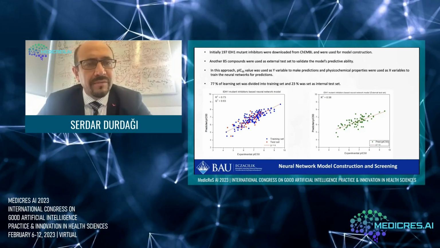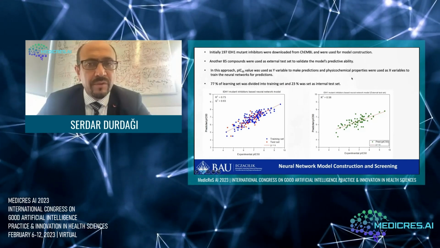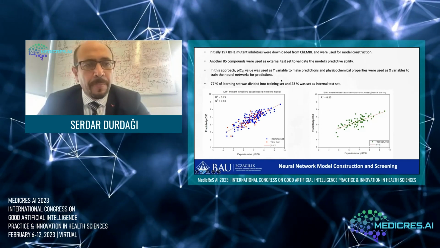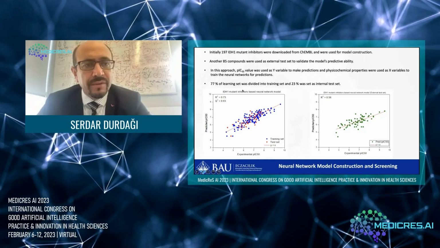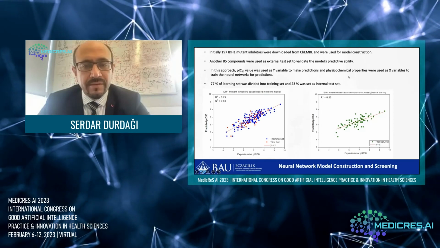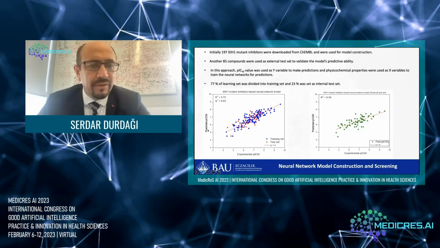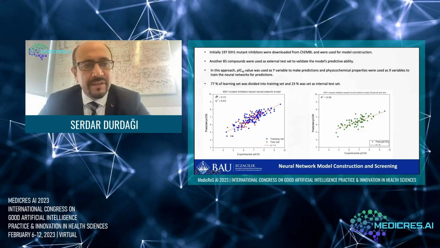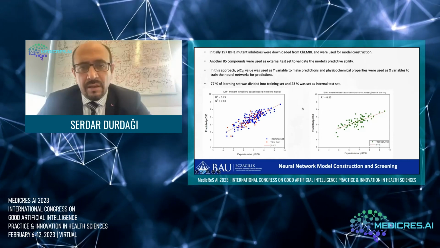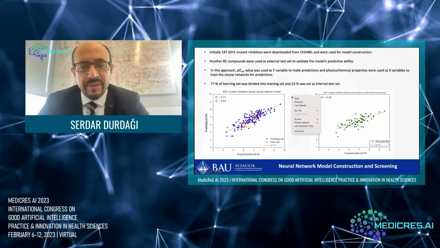In this approach, pIC50 values were used as the Y variable to make predictions, and physicochemical properties were used as X variables to train the neural networks. 77% of the learning set was used as the training set, and 23% was used as the internal test set. Here you can see the predicted pIC50 value and experimental pIC50 value. The R square is 0.73 and Q square is 0.63. For the external test set, the R square value was found to be 0.56.